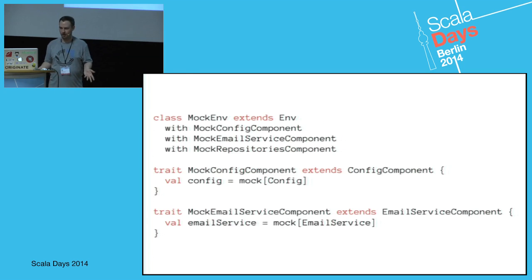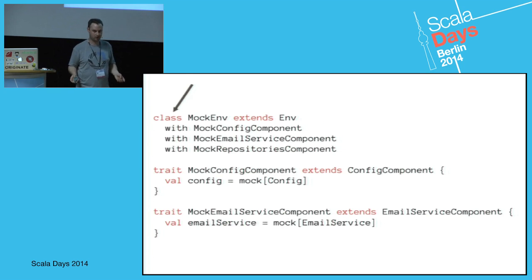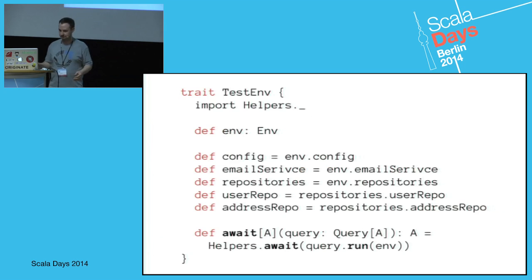And then I can create my mock environment that just mixes all those together. Now I made this a class because in tests I want to be able to create a new instance of all of these mocks for each test that I'm running. Otherwise I can stub some things and it'll affect others. You want to use fresh instances of your mocks for all your tests.